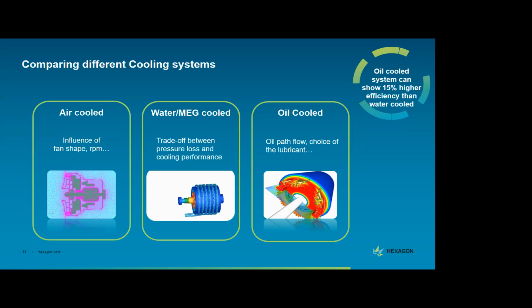A second choice is liquid cooling, with water or monoethylene glycol, for example. This can be considered a good compromise between pressure losses and cooling performance. Oil cooling is another kind of cooling system preferred for some solutions, since it provides up to 15% more cooling efficiency than water cooling.